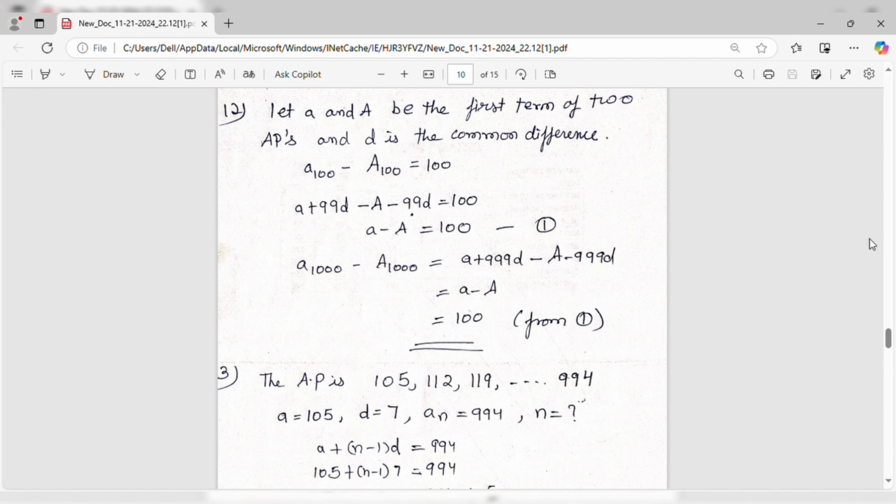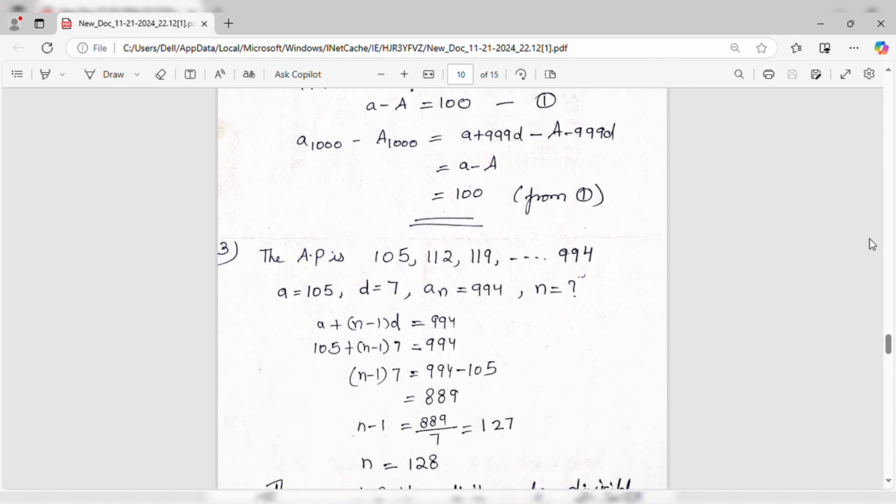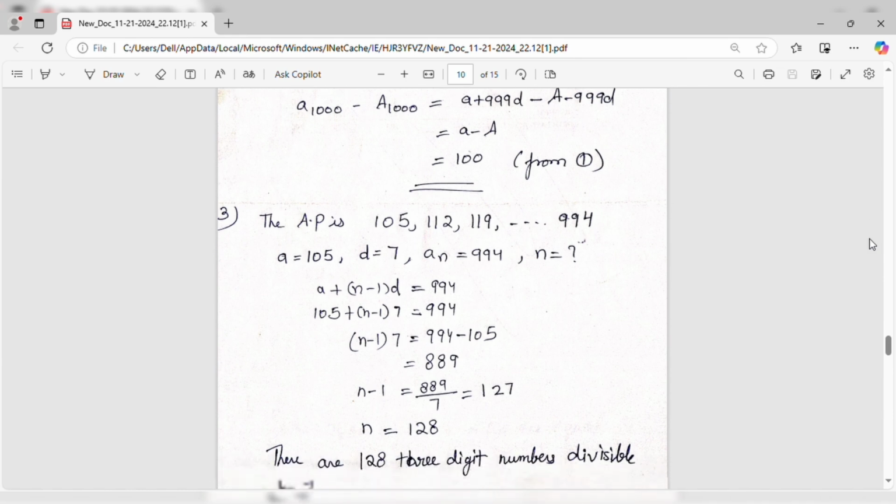So we will put the equation for the required terms, and we will get the difference between their first terms, A minus a, as 100. Now to find the difference between the 1000th terms of both APs, we will again put the equation A plus 999d minus a minus 999d, and again we will get the same thing, A minus a, which is 100 from the first equation. So the difference between the 1000th terms would be 100.